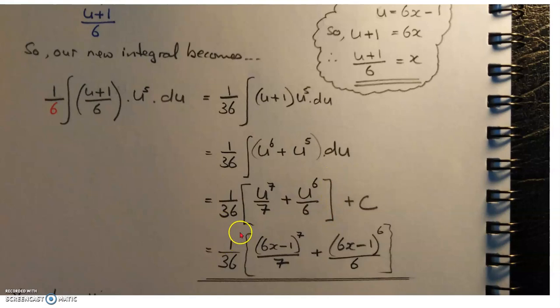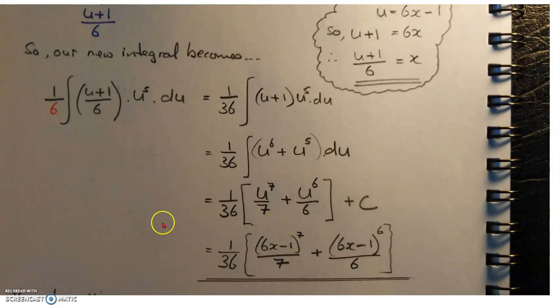If I don't, it looks like this 1 over 36 is only multiplying u to the power 7 over 7. But it's also multiplying that u to the power 6 over 6. So you must use these square brackets. My square brackets have become little squiggly things at the end, when I've replaced the u with the 6x minus 1. And that's your final answer.